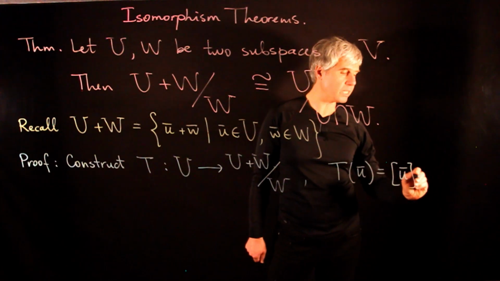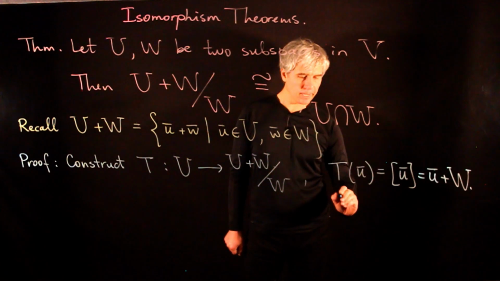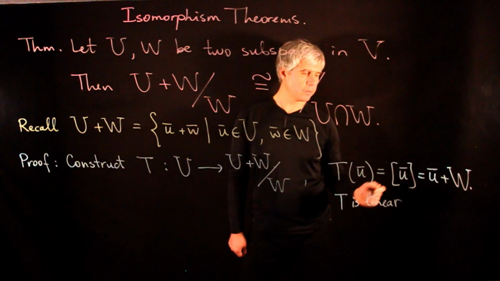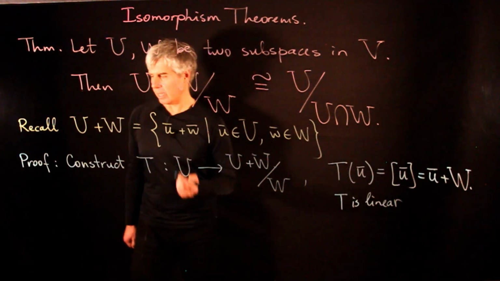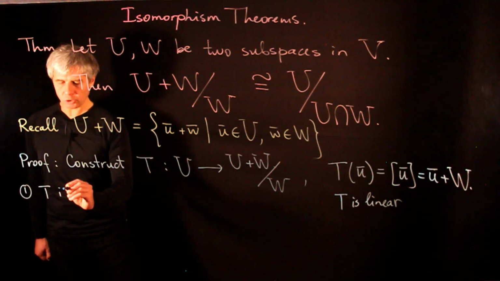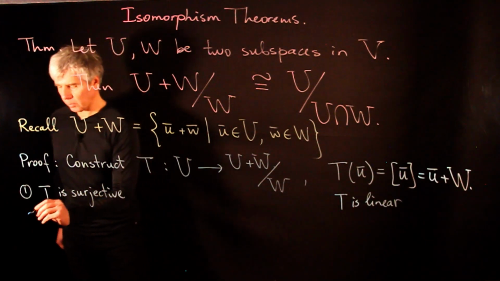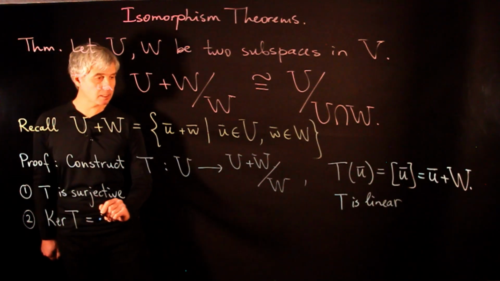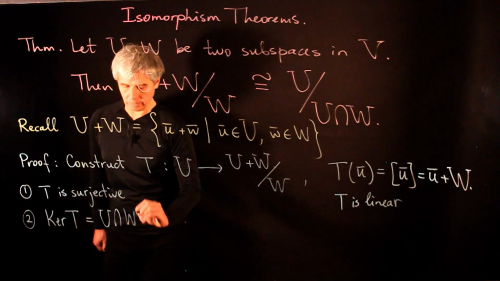Written as a coset, this will be the vector u plus the subspace W. Now, the fact that T is linear is rather obvious. This follows from the way we define operations on equivalence classes. Now, what we want to do is show that T is surjective, and that the kernel of T is precisely the intersection of U with W.